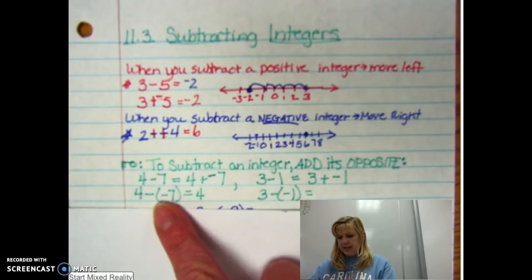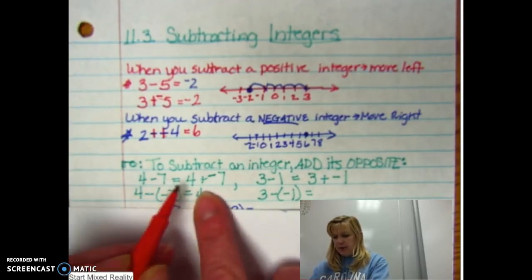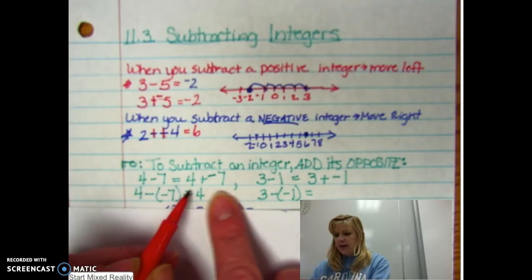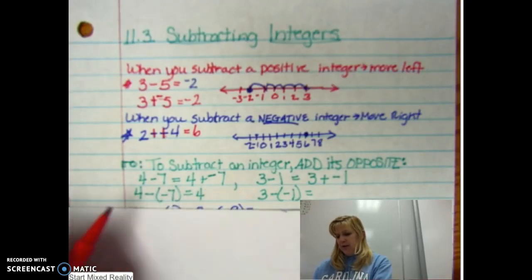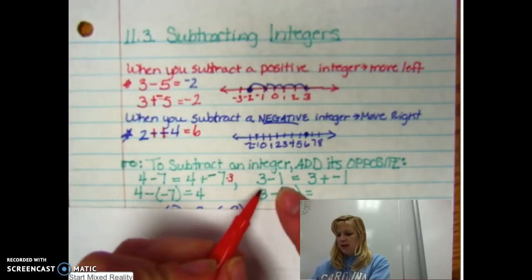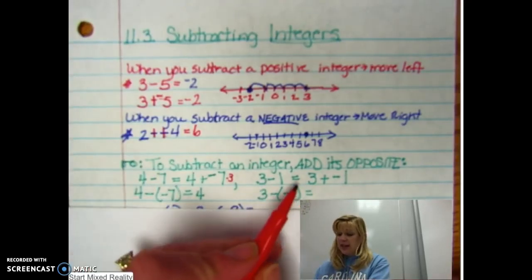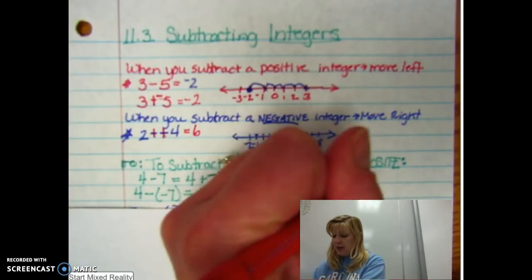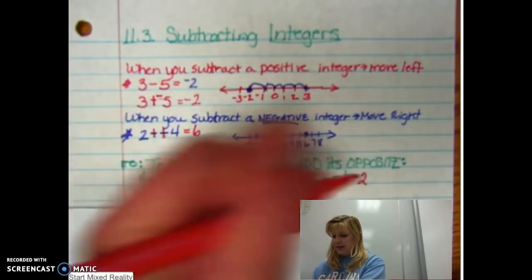So in these instances, 4 minus 7 becomes 4 plus a negative 7, which is negative 3. 3 minus 1 obviously is going to be 2. It's the same as 3 plus negative 1. Doesn't matter how you write it, that's still 2.